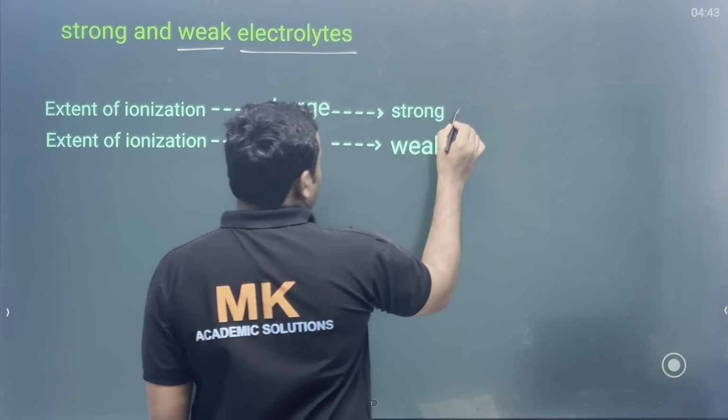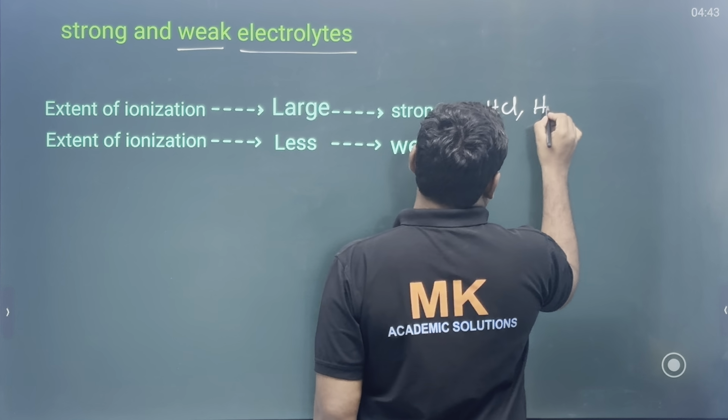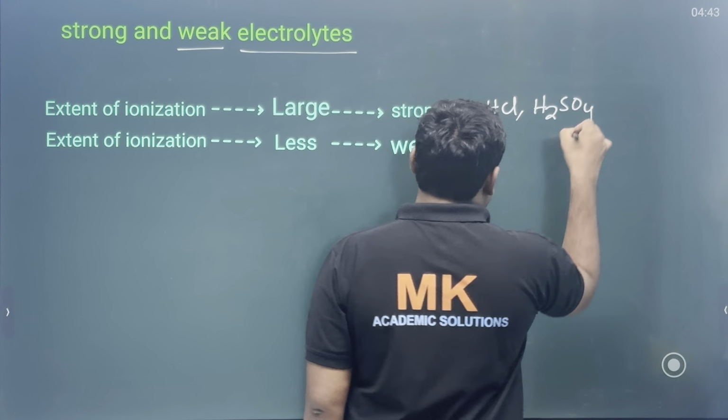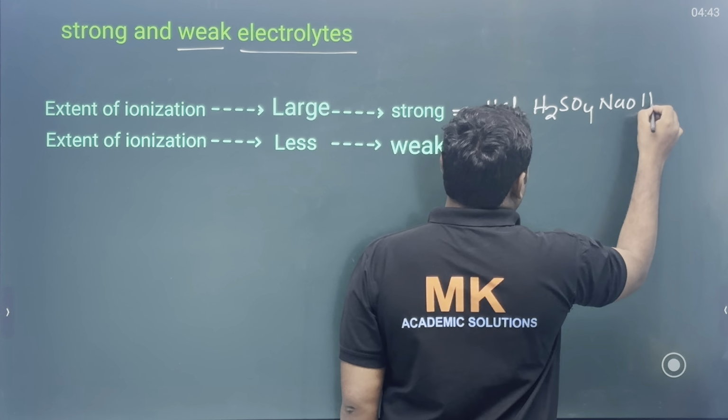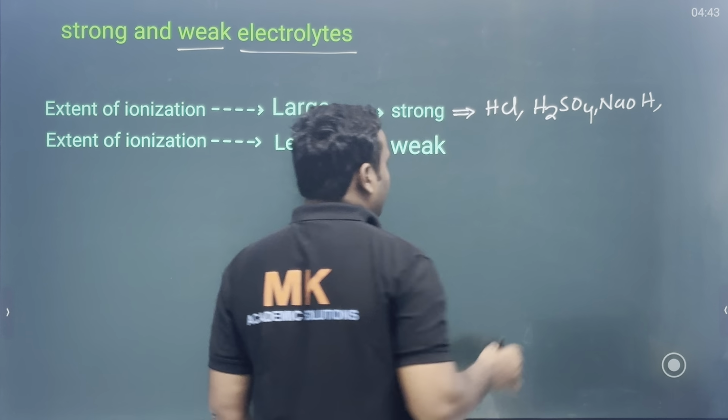As they conduct electricity, we can also call them electrolytes. For example, HCl is a strong electrolyte, H2SO4 is a strong electrolyte, and sodium hydroxide is a strong electrolyte.